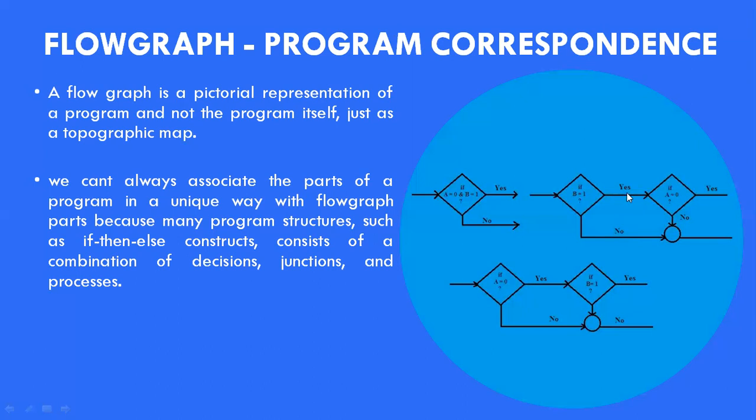If I write yes here and no there, or yes and no the other way, then definitely the logic is going to go a different way. So exactly our logic is not going to work properly. We have to take care that whenever we do our flowchart with more complications, we take proper care when writing this.